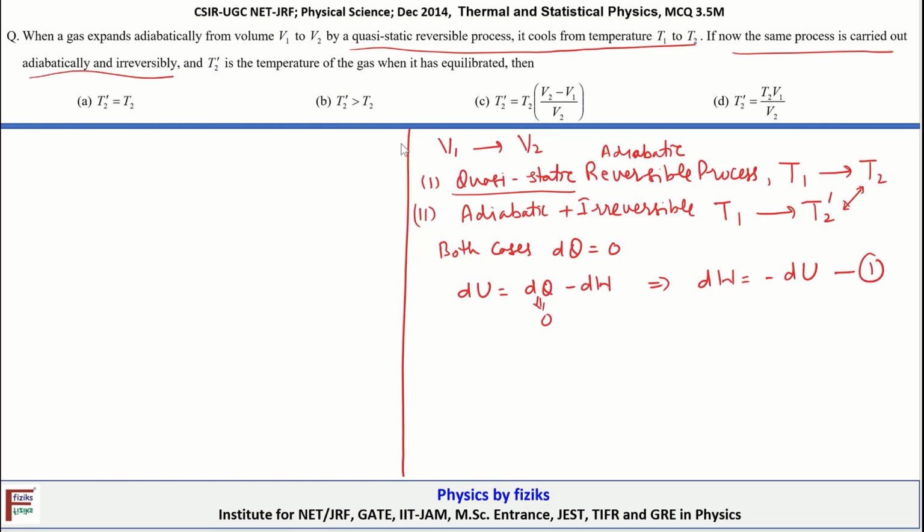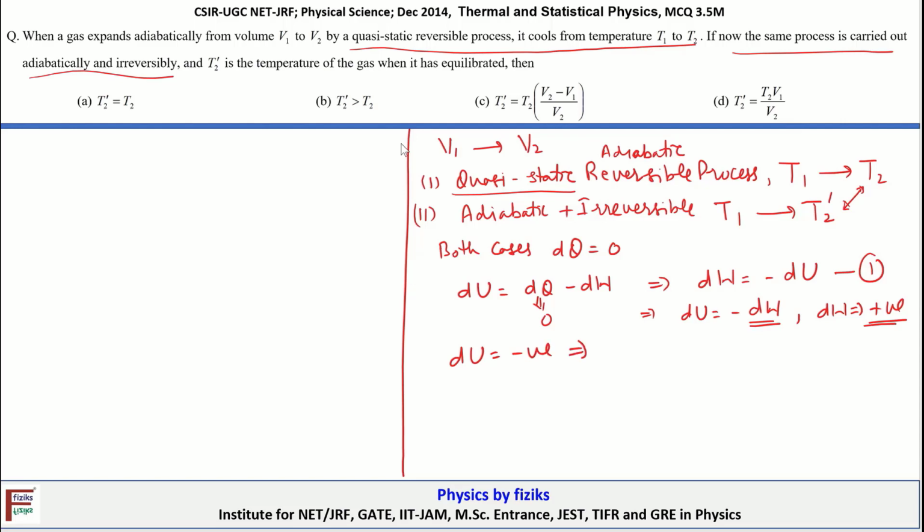So du is the negative of the work done. What does a negative du mean? Because the gas is expanding, dw will be positive, by convention. So when dw is positive, du is negative.